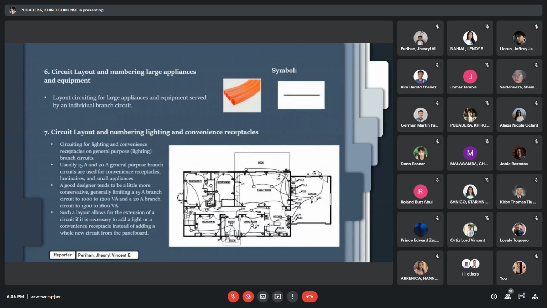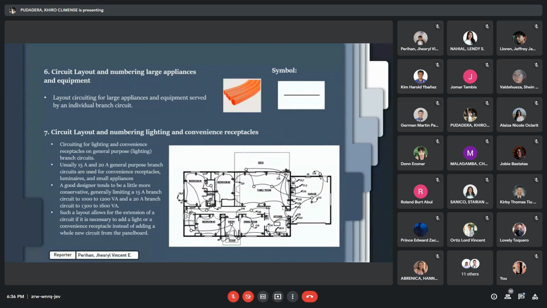Number 7, circuit layout and numbering for lighting and convenience receptacles. First, circuiting for lighting, convenience receptacles, and general purpose lighting branch circuits. Usually 15 ampere and 20 ampere general purpose branch circuits are used for convenience receptacles, luminaires, and small appliances.